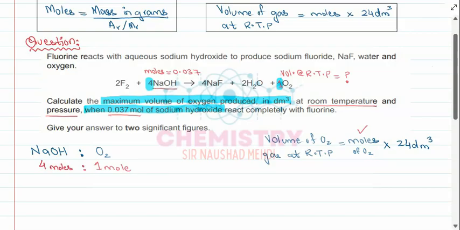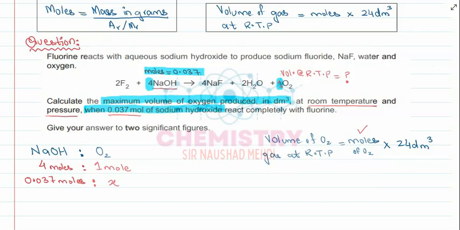Now I will apply the number of moles given in the question as data. The moles of NaOH given is 0.037, so I will put 0.037 moles over here. If 0.037 moles of NaOH react, how many moles of oxygen gas will be produced? That would be X moles. According to the balanced equation, if you have 4 moles of NaOH, only 1 mole of O2 will be produced.